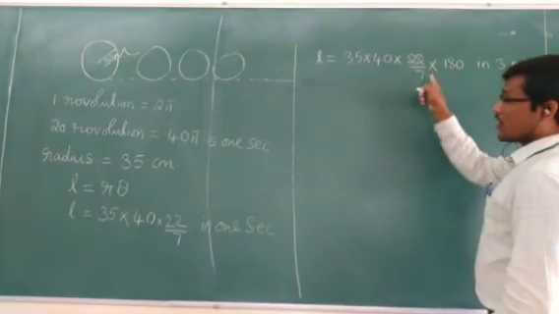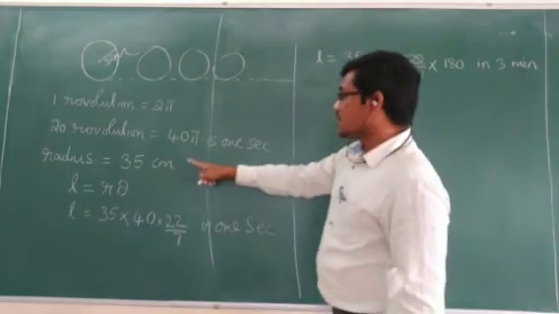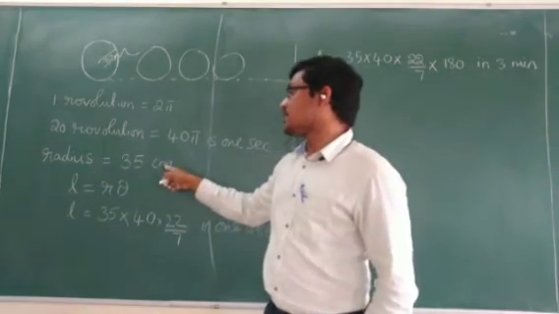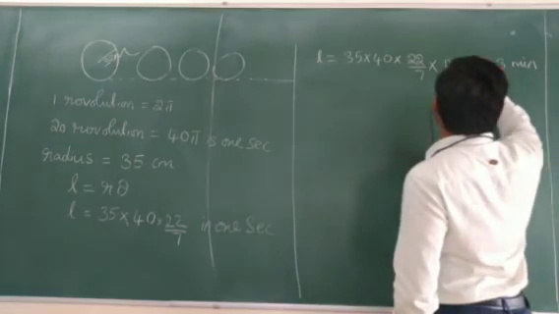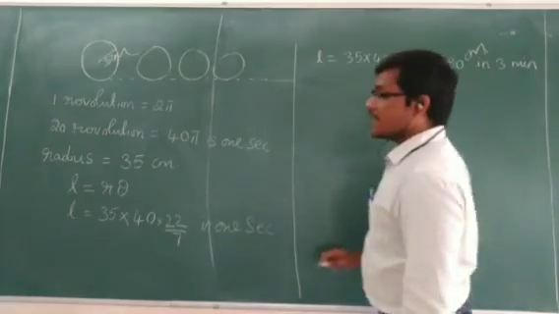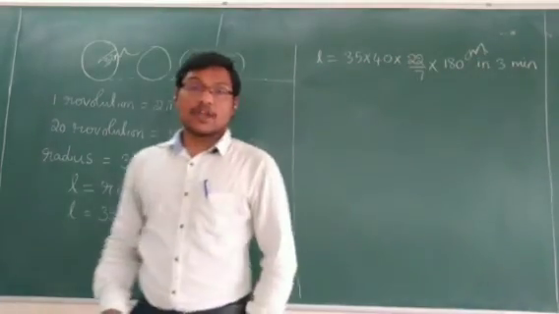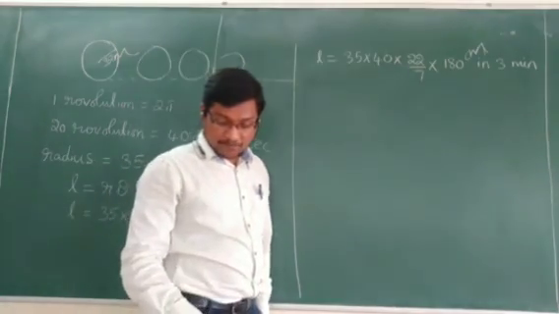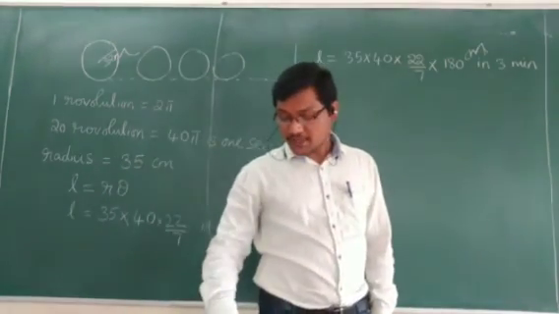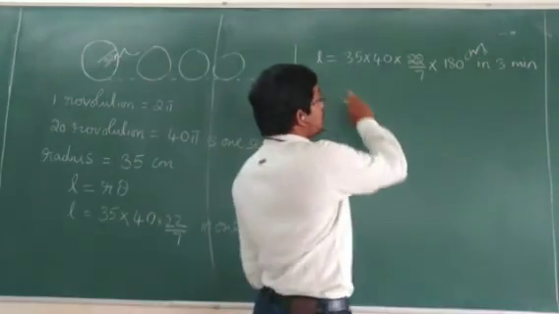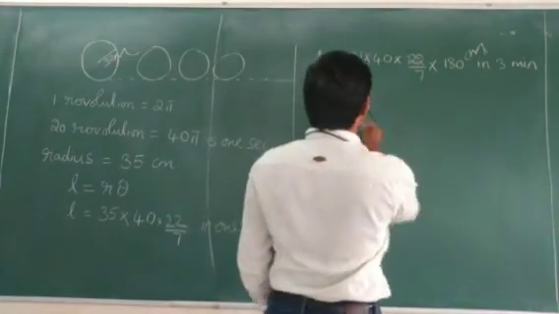This length is in centimeters, because the radius is given in centimeters. Now we have to convert centimeters into kilometers, because the options are given in kilometers.